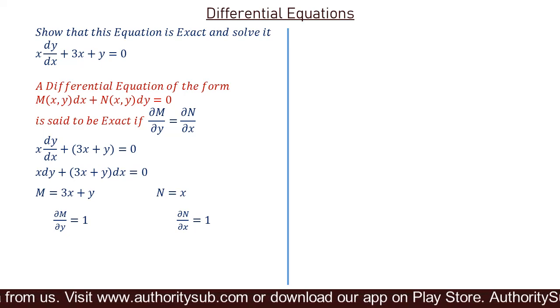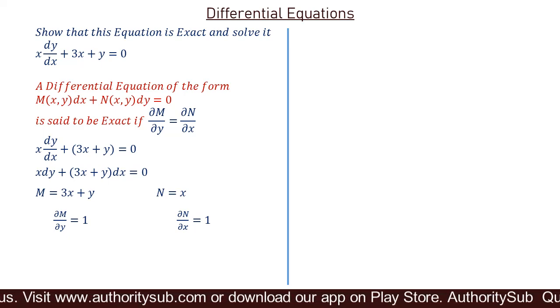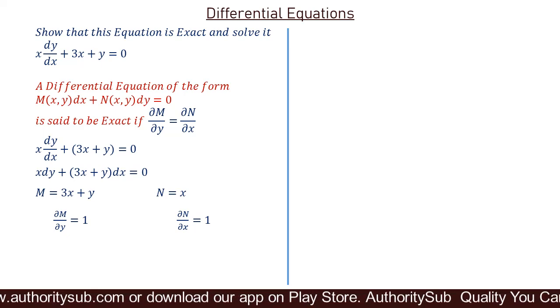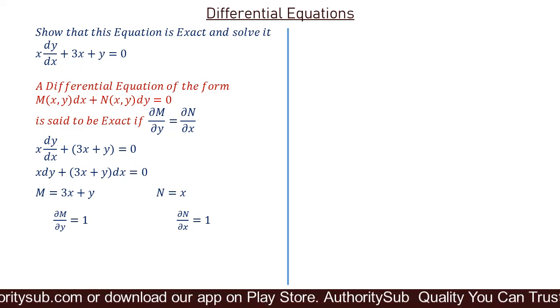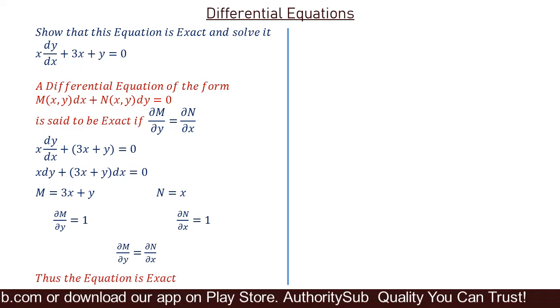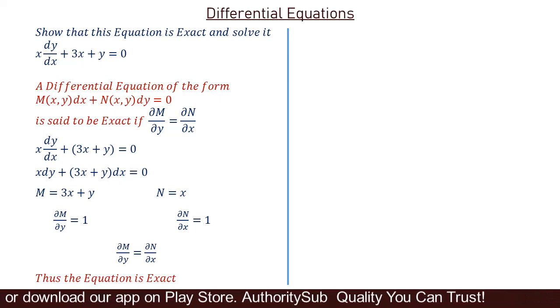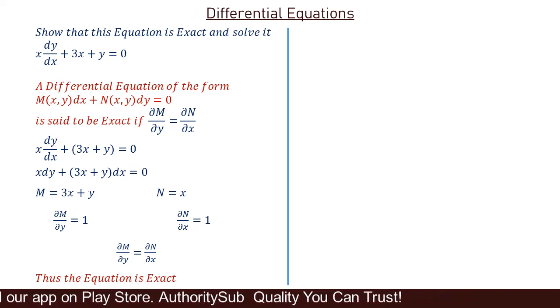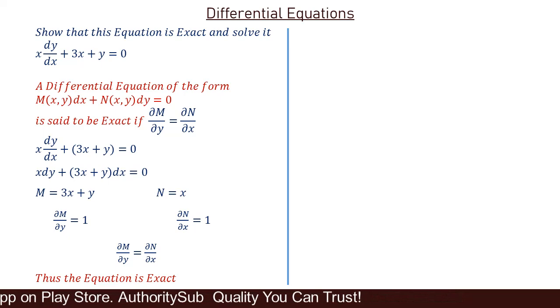Then on the part of N, partial derivative of N with respect to x. When you differentiate x with respect to x is going to give us 1. Now here you can see that partial M over partial y is equal to partial N over partial x. Are we together? Thus, we say that this equation is exact by definition, right?